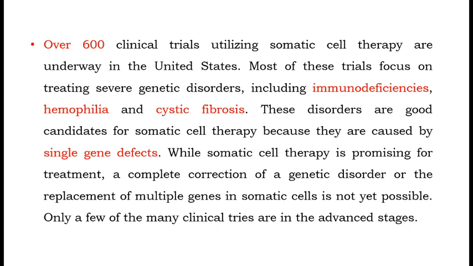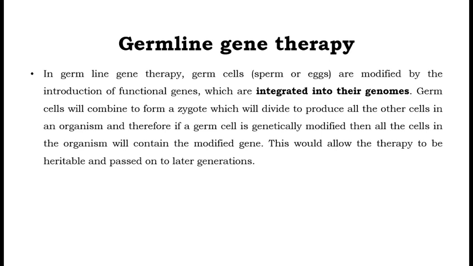The other type of gene therapy is known as germline gene therapy. Again, as the name indicates, in germline gene therapy you are going to insert the therapeutic gene into the germ cells, that is the sperm or the eggs.